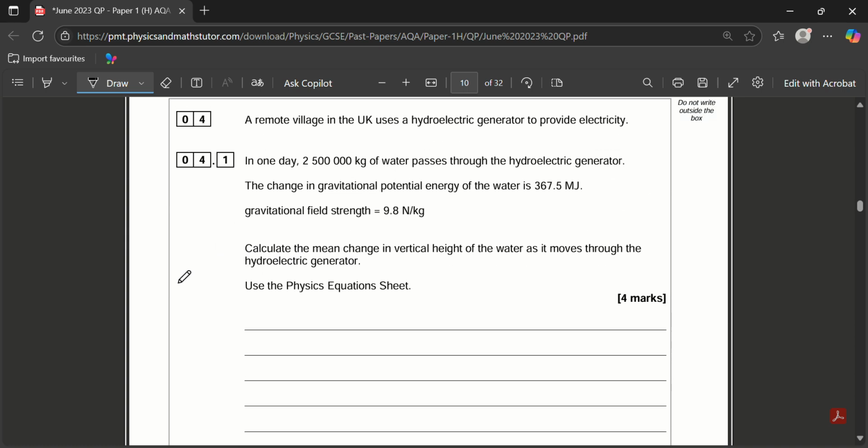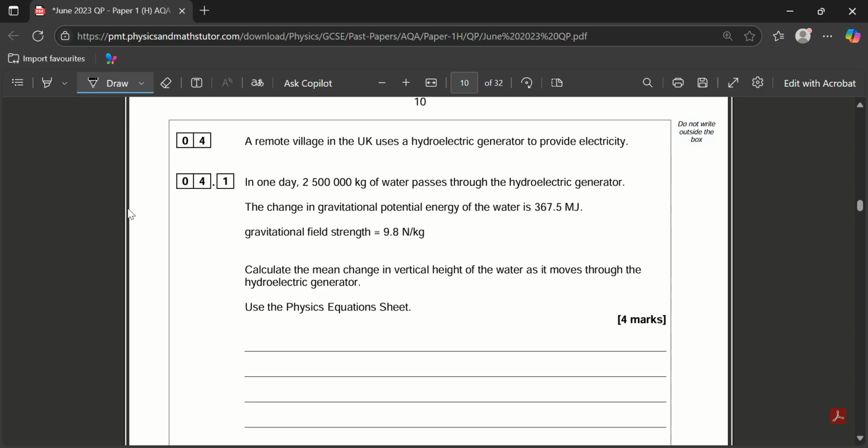Oh, got a 4 mark, and now that I've seen this, it's definitely on mgh, change in gravitational potential energy. So we're given that the mass is 2,500,000 kilograms of water, and the change in the gravitational potential energy is 367.5 megajoules. G is 9.8.